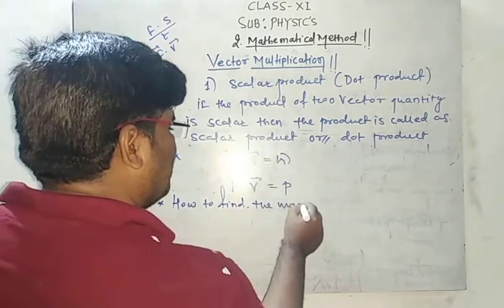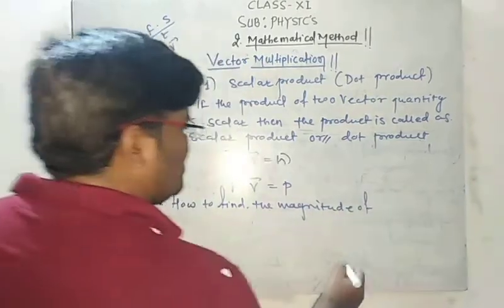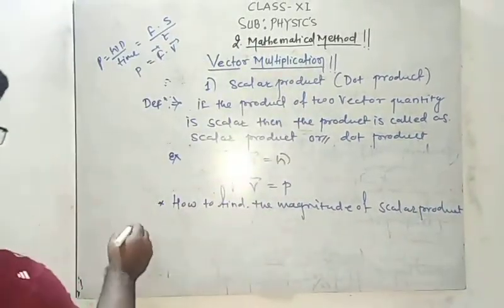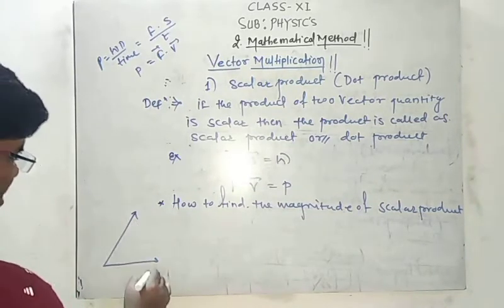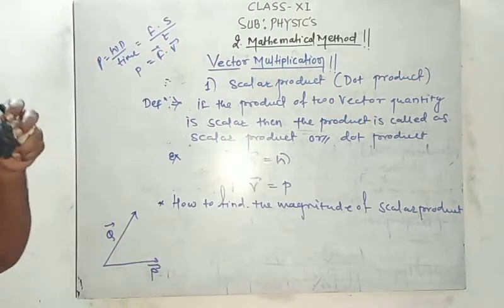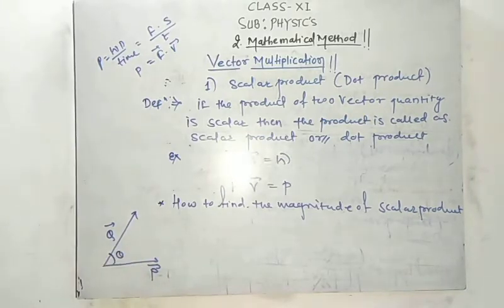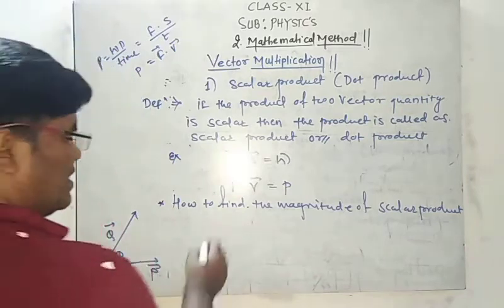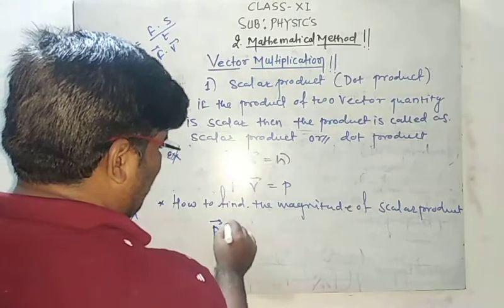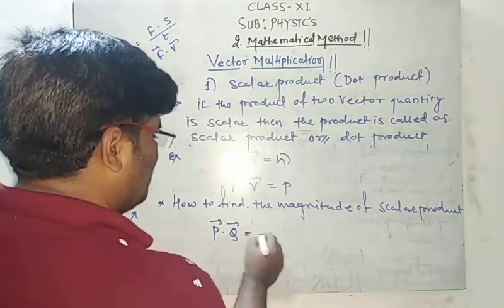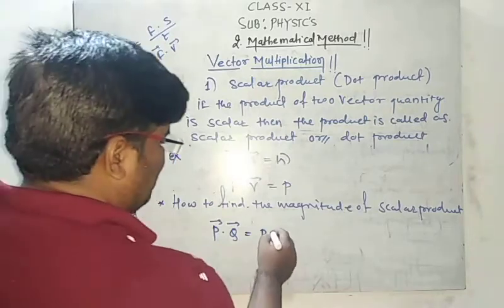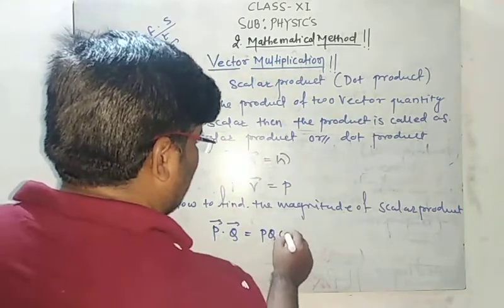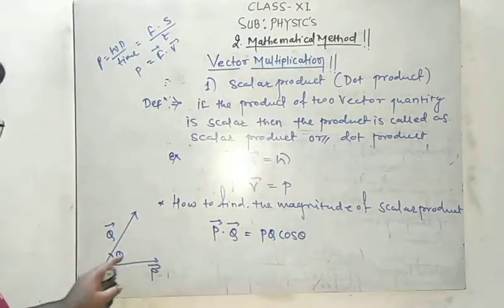If we have two vectors P bar and Q bar, and theta is the angle between these two vectors, then the scalar product of these two vector quantities is P bar dot Q bar, equal to the magnitude of the first vector and the magnitude of the second vector and the cos of theta, meaning the angle between these two vectors.